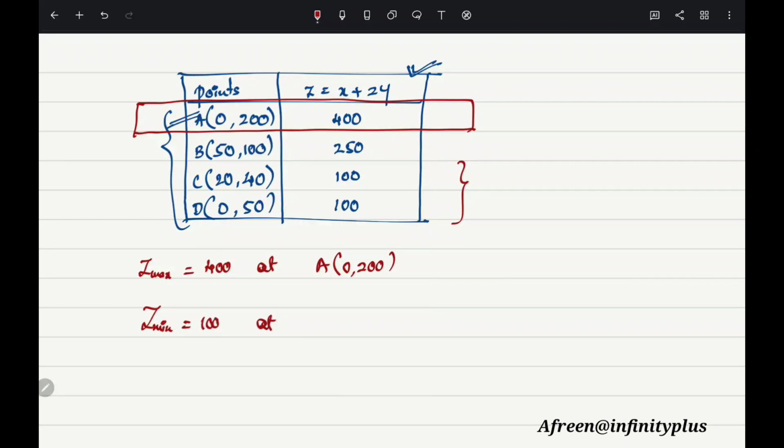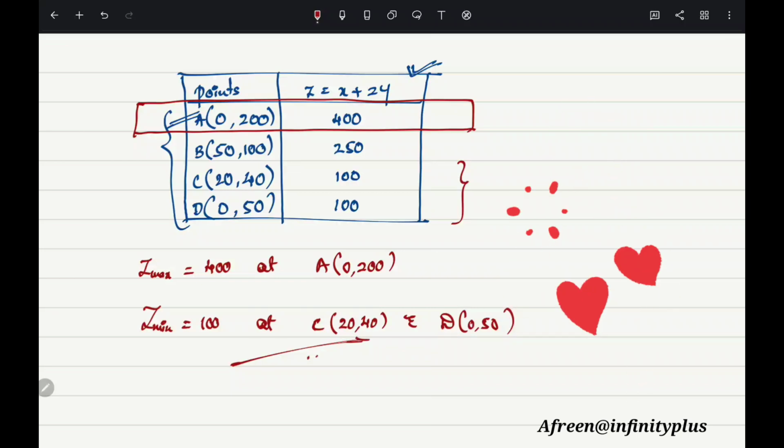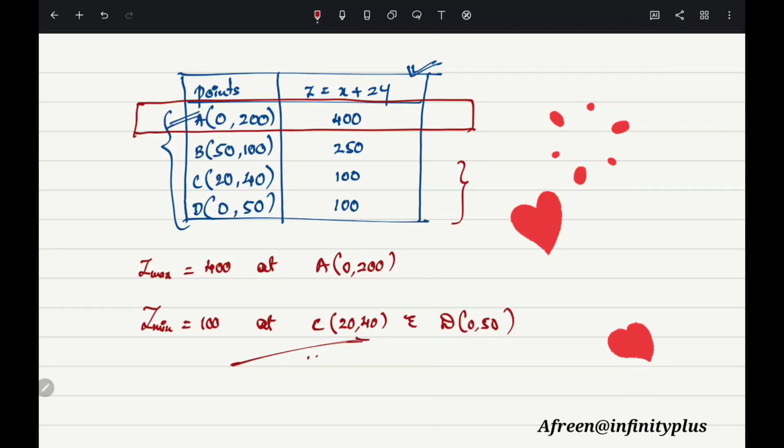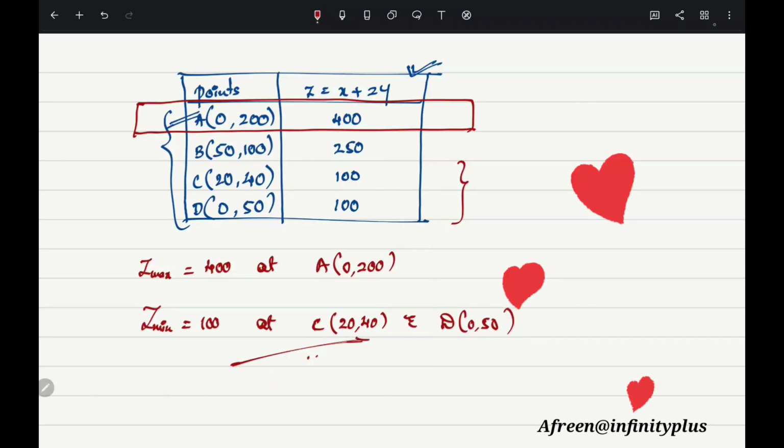You can't take only 1 point because you are getting the same minimum value for 2 points. You have to write it at C, 20, 40 and also D, 0, 50. So this is the solution for the question which they have given in the question paper.